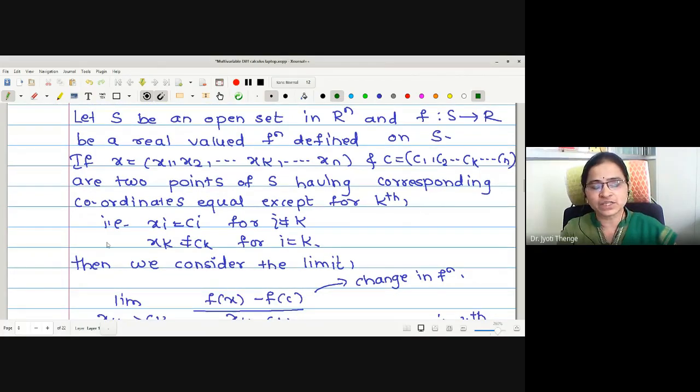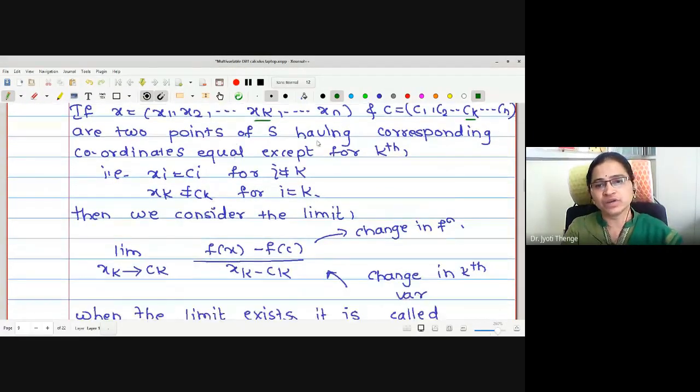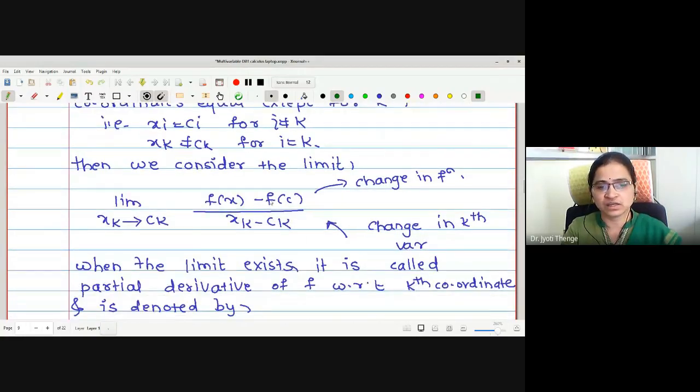Now, what condition have we imposed? xi is equal to ci for i not equal to k, and xk is not equal to ck only for i equal to k. That is, there is a change in the kth coordinate of the two points, and all the rest of the coordinates are the same. It means the change is going to be observed along the kth coordinate axis only, and whatever is the change along the kth coordinate axis, correspondingly you will find the increment ratio.